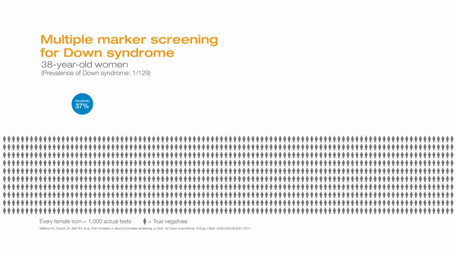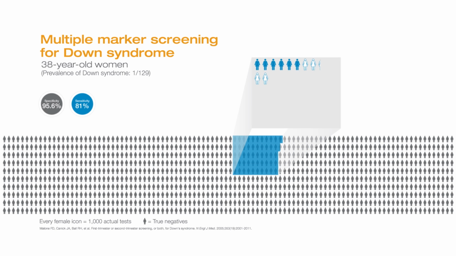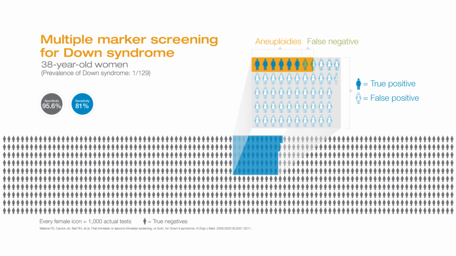With a quad screen, the sensitivity would be expected to be 81%, the specificity 95.6%, and 1 in 129 translates to a prevalence of 0.775%. You can see that applying quad screening to a population of 38-year-olds, a positive test yields a positive predictive value of 12.5%. Our negative predictive value is 99.8%.